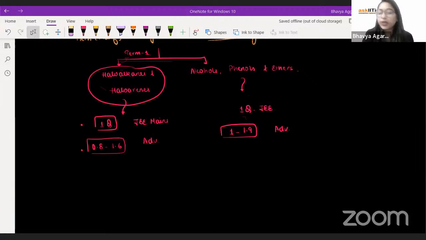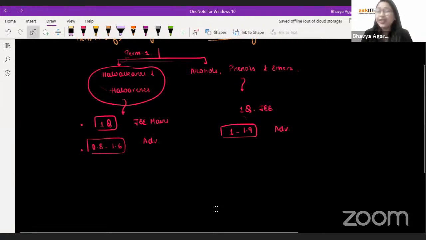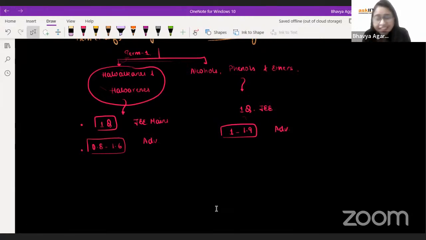Which is again very important, because it is important to understand why we are reading these chapters. Where do we practically find the importance? So the practical importance is industry.